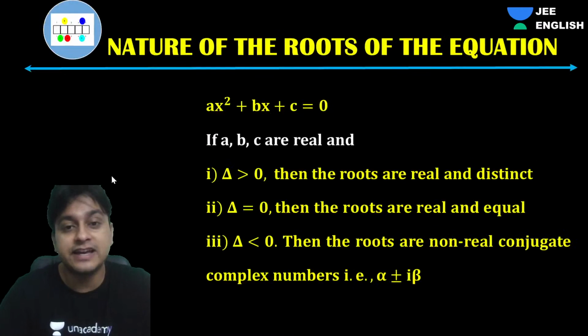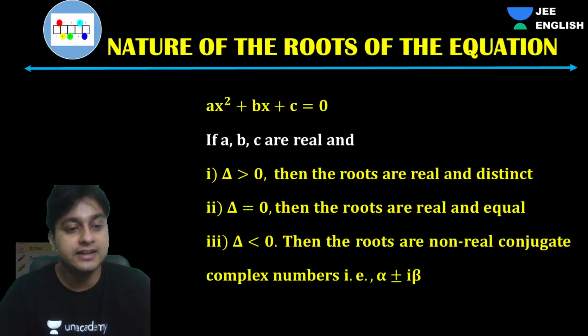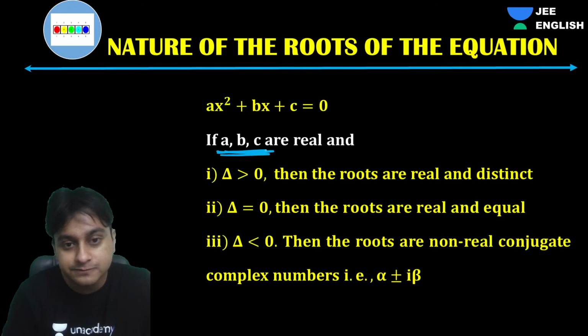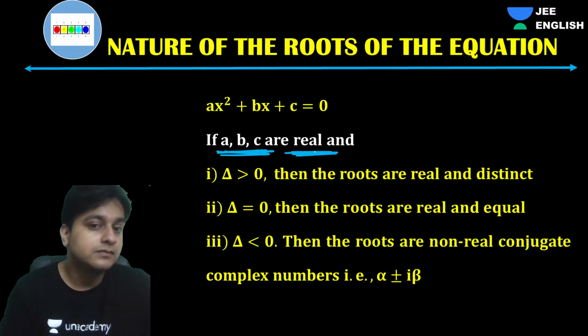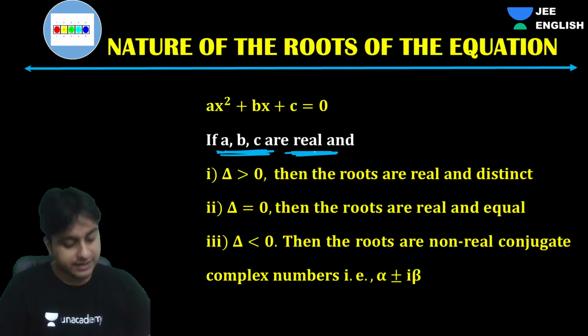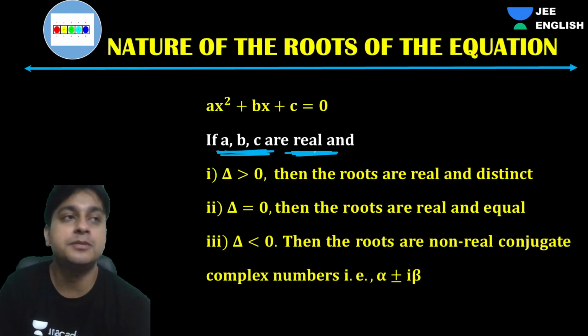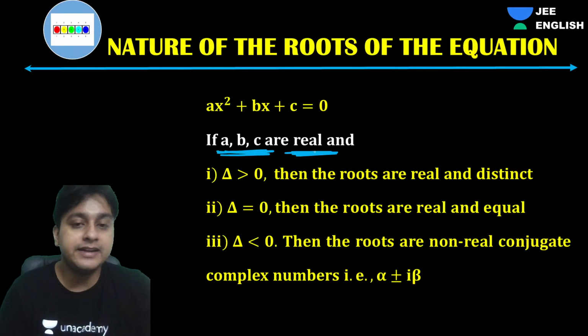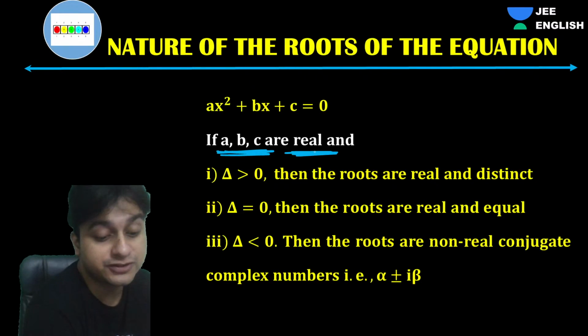So that's the reason why, guys, you have to understand that this concept is only valid when a, b, c are real. Are you getting my point? a, b, c have to be real, then only this concept will be valid. Clear? Otherwise, you might have different types of roots.